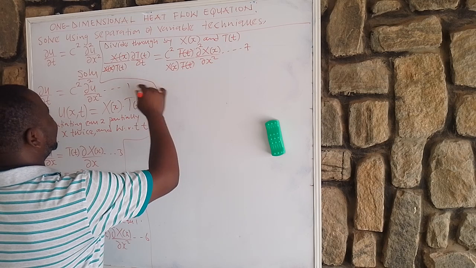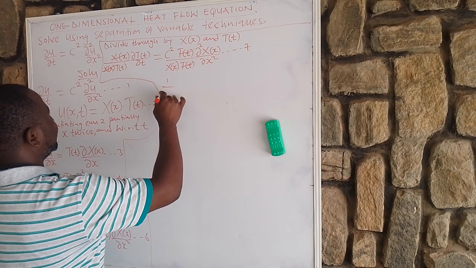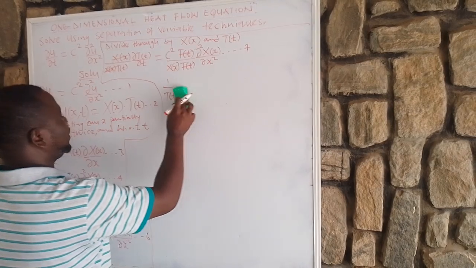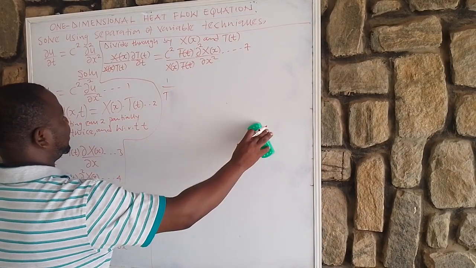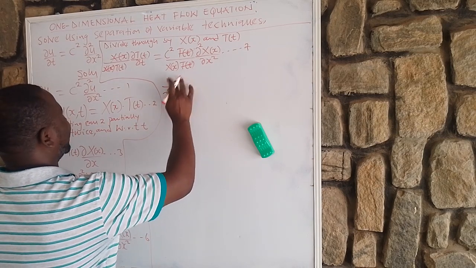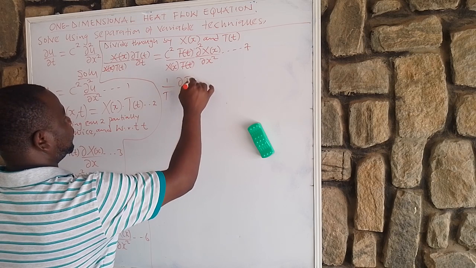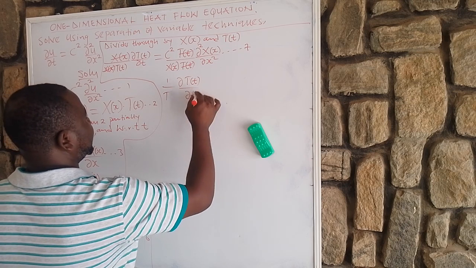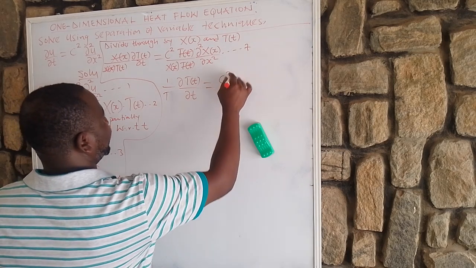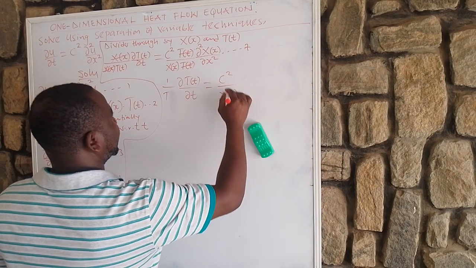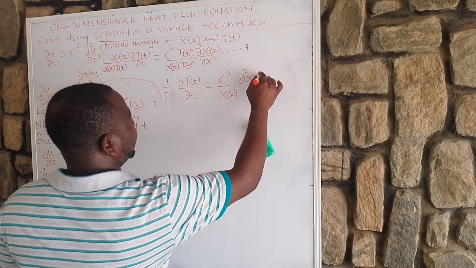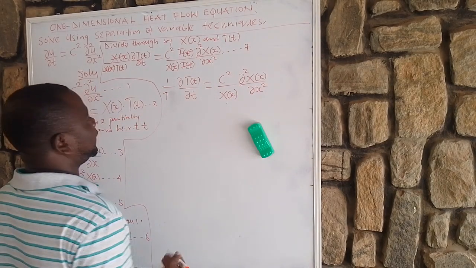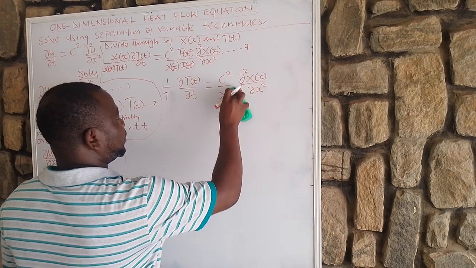So the left hand side will now be 1 all over T of t, then partial T of t all over partial t, is equal to c square all over X of x, then partial square X of x all over partial x square. It is not necessary to write the of t.